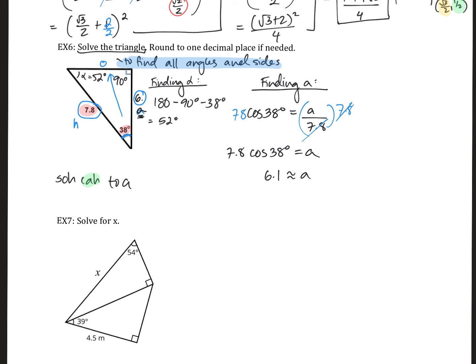So we'll put that in, 6.1, and box that. And then lastly, what else do we need? We need opposite, O. So I'm saying this is equal to O. So we'll go ahead and say finding O.